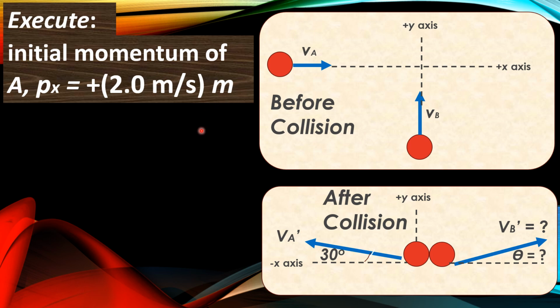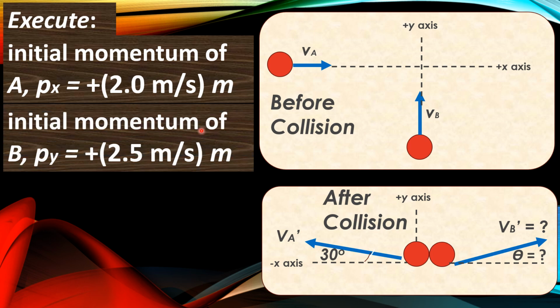Particle B has zero initial momentum along the x-axis, but it has an initial momentum along the y-axis, expressed as p sub y equal to positive 2.5 meters per second times its mass, small letter m. So, both particles have the same mass because they are identical particles.